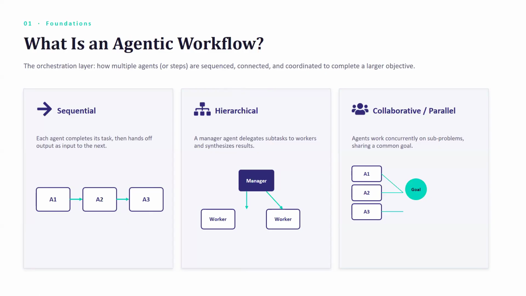Okay. So how do we say that it's a workflow? When we have some flows in a sequence, a fixed path that we follow. Then we'll say that it's agentic workflows. It's again an orchestration layer. Whenever we have multiple agents, we need this orchestration layer.